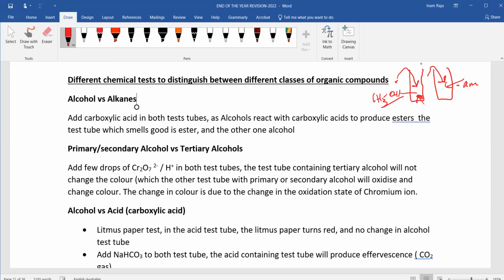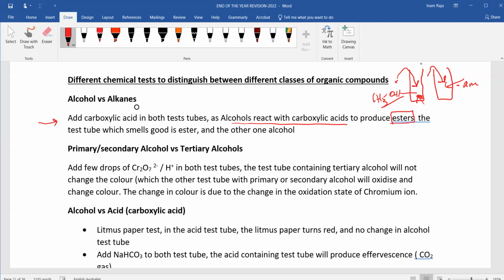The one which has a good smell after adding the drops is alcohol, and the other one must be alkane. Ester smells good, like different fruits, and you will tell that this one is ester. It means alcohol is present in it.